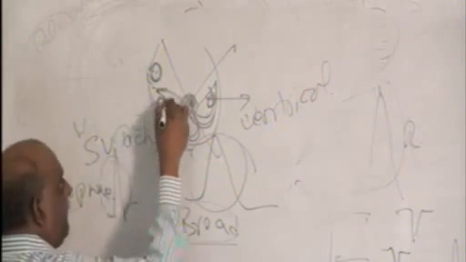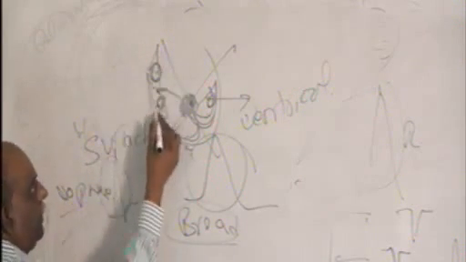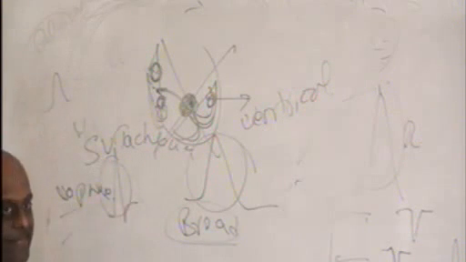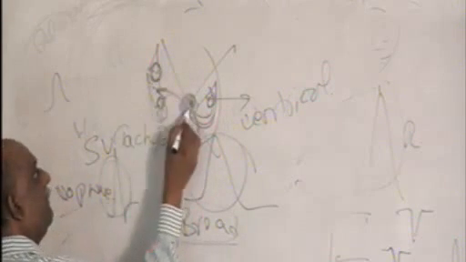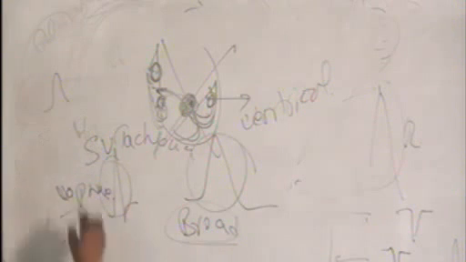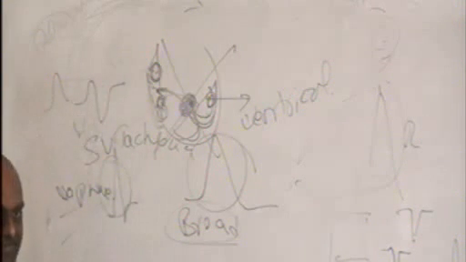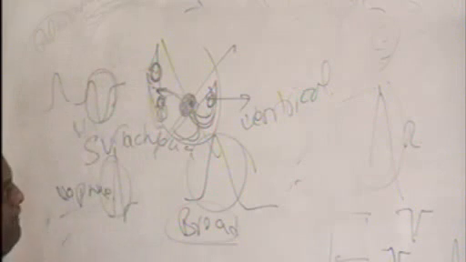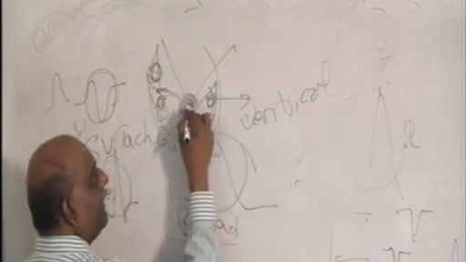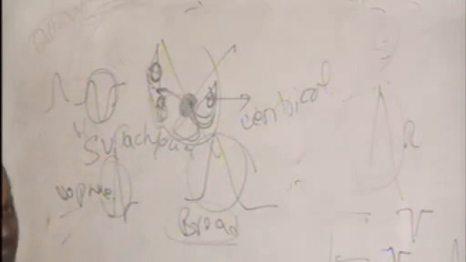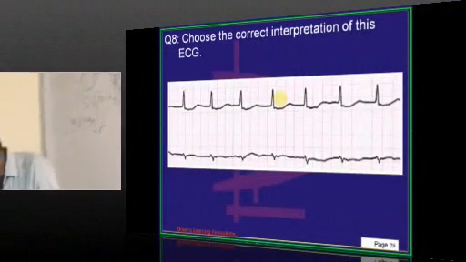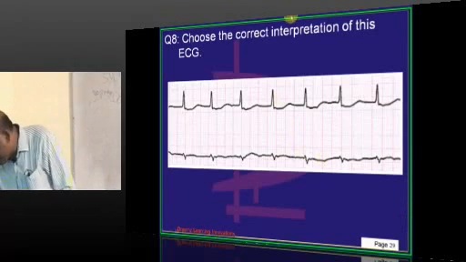If the atrium receives electrical signals from above down from the SA node, the P wave will be upright. If the signal originates from the AV node, from below to up, then the P wave will be inverted. So either you will have an inverted P wave or an absent P wave if it is originating from the AV node. That is the reason it is called junctional tachycardia, where the P wave is absent, which you have to remember.